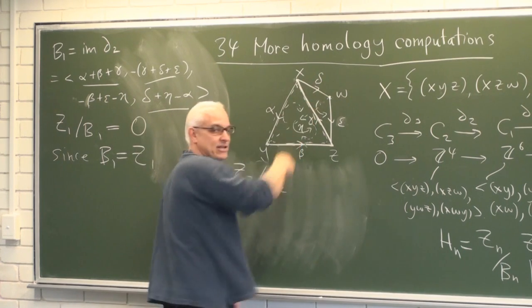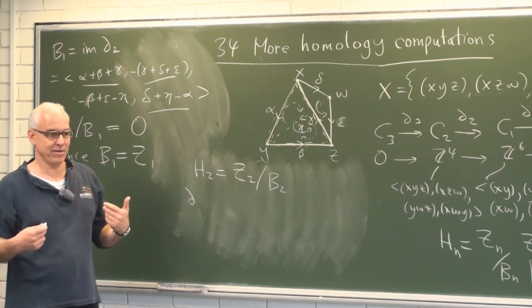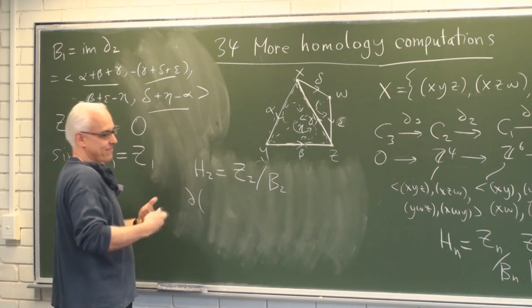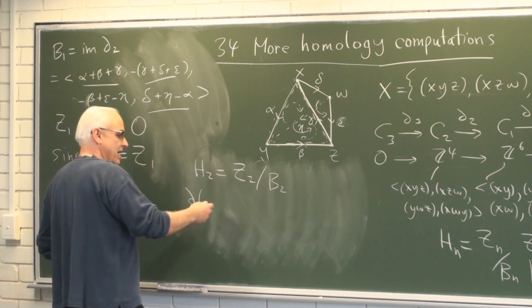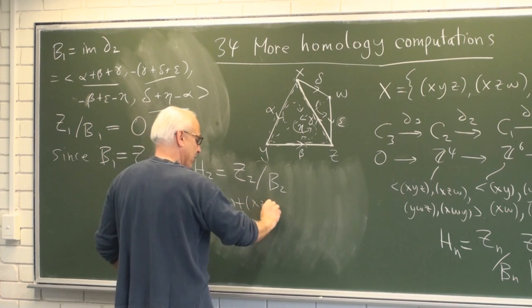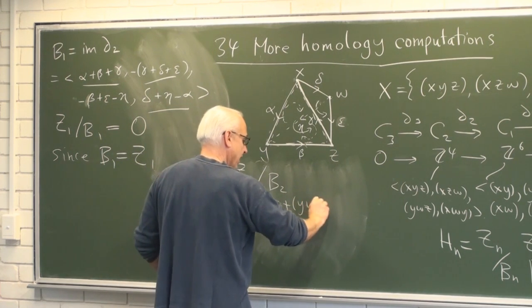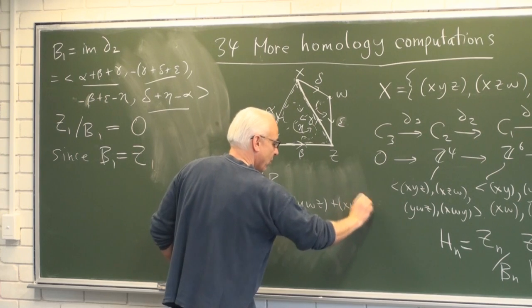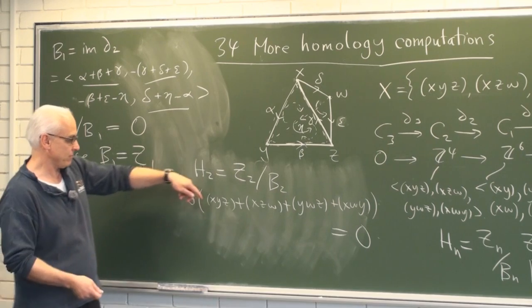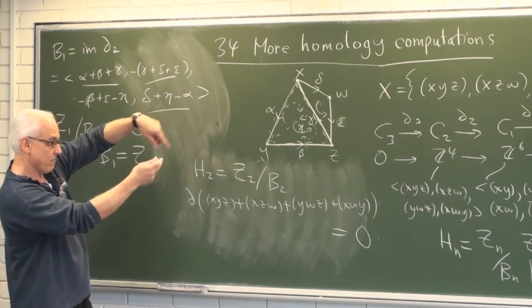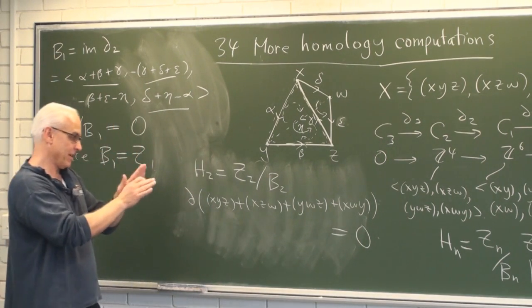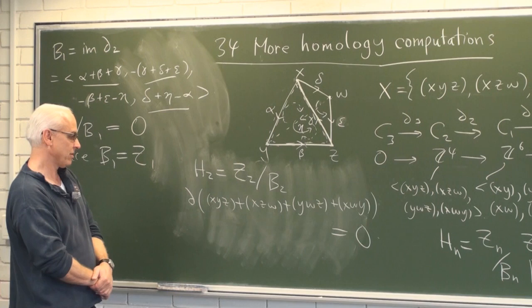And the way I've set that up, that argument's going to apply to every edge. So the only combination that will give us a boundary of zero is a multiple of the combination x, y, z plus x, z, w plus y, w, z plus x, w, y. So this thing here is indeed zero, as one can check either algebraically or just by the fact that I've oriented things in such a way that the faces are opposite along every edge.